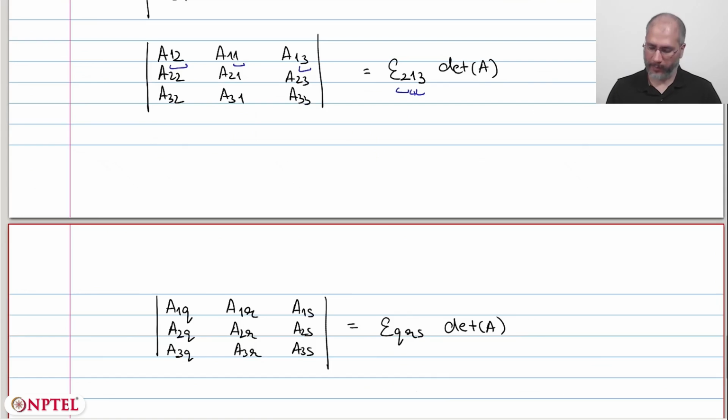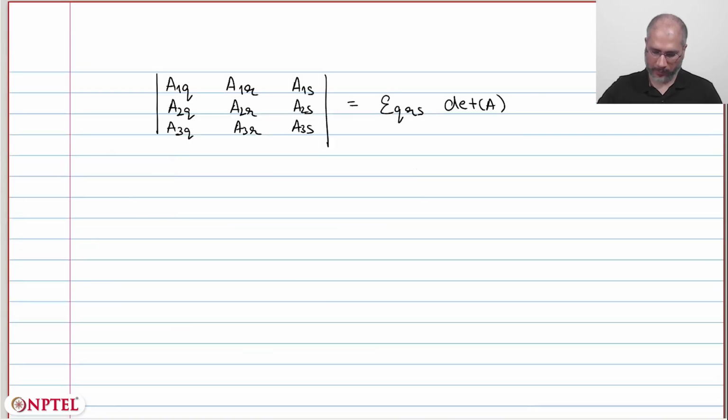Now similarly, we can also apply this idea to row swaps. Let's see how. So if I swap the first and the second rows here, the sign will again change. So the same idea brings in another epsilon.